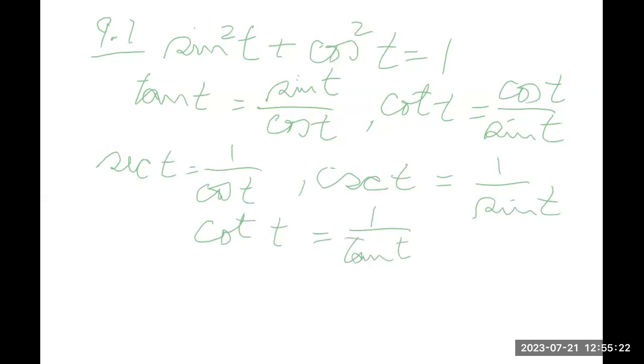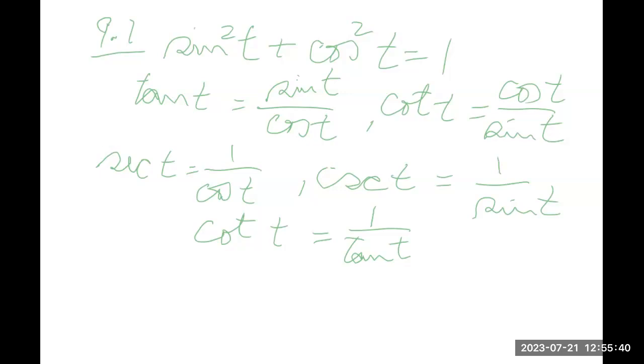And then we saw the even odd properties of the trigonometric functions, which basically tells us how the value of the function changes, or if it changes, when you change the sign of the angle.